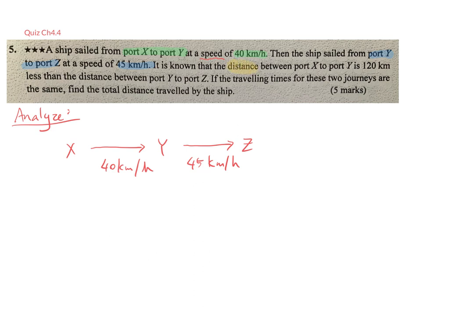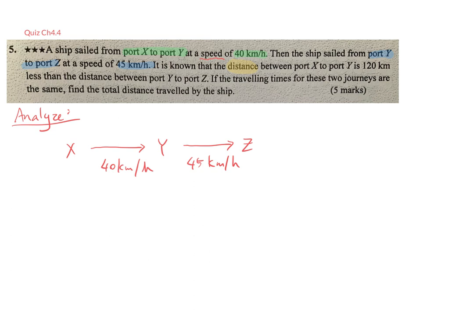We say that the distance between port X to Y is 120 km less than the distance between port Y to Z. So that means X to Y is shorter.